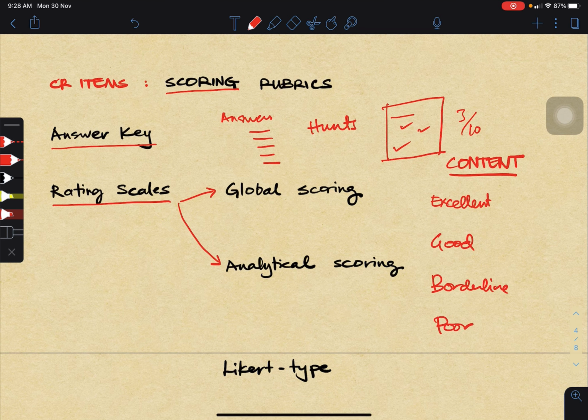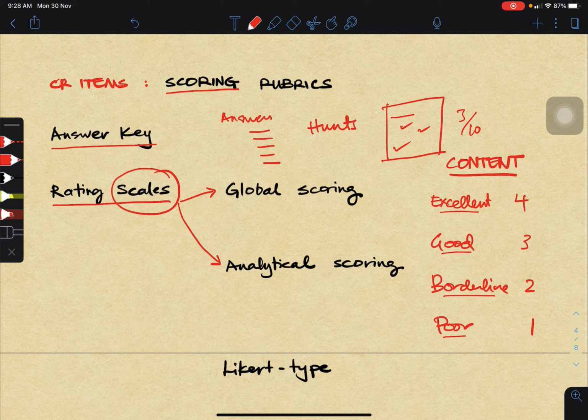You give a mark here: 4, 3, 2, 1. Now that's a scale.